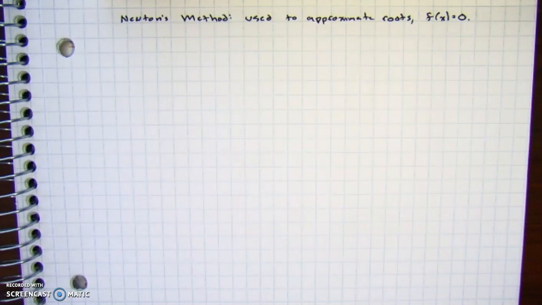And the answer is those analytic methods work really well for lower order polynomials. But once you get to ones like x to the 10th, or even bigger, or even more complex equations, doesn't have to necessarily be a polynomial, then we need a way that we can approximate these roots. And the way that we do that is with Newton's method.